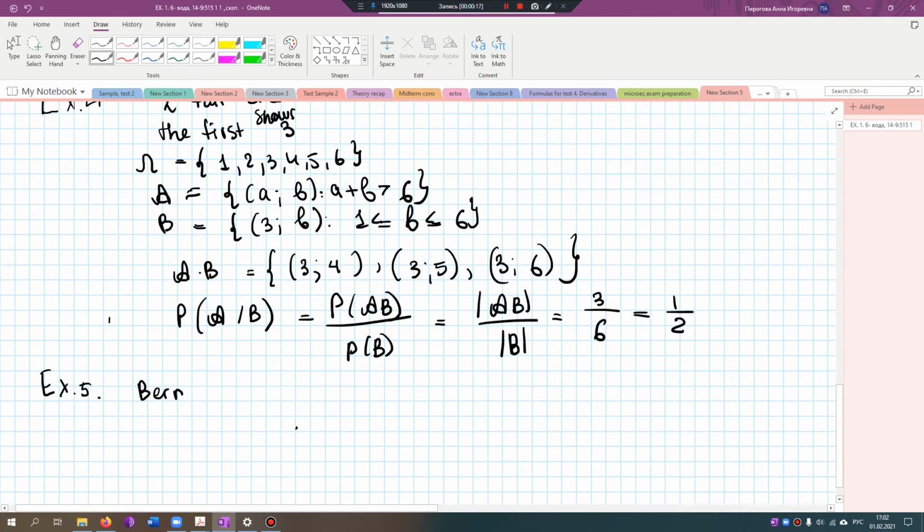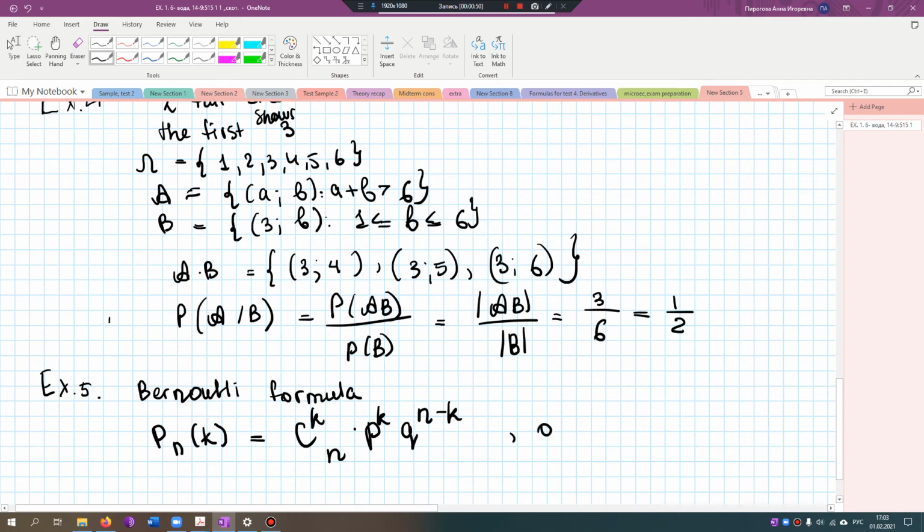But firstly, let's see what this formula is. P_n(k) is equal to the combination from n by k multiplied by p to the power of k multiplied by q to the power of n minus k, with the condition that k is between 0 and n.